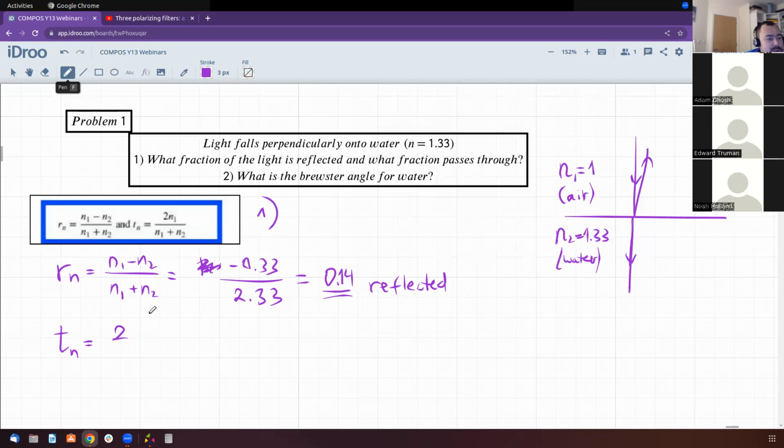Yeah, it shouldn't be a problem. So 2 times 1 divided by 1 plus 1.33. So 2 divided by 2.33. That's 0.86 transmitted.